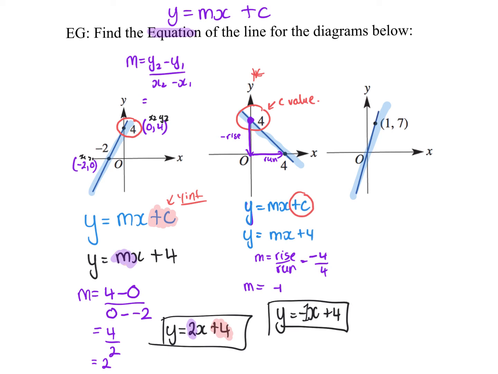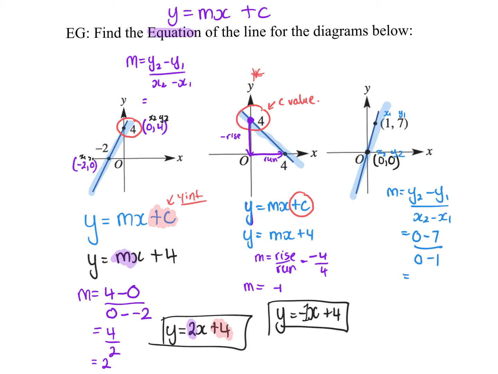All right, and let's do this last one. Now I'm going to use this, see how it's crossing through the 0, so I'll call that another point, x1, y1, x2, y2. I'll find my gradient first using that formula, y2 minus y1 over x2 minus x1. So y2 for me was 0 minus 7 over 0 minus 1.